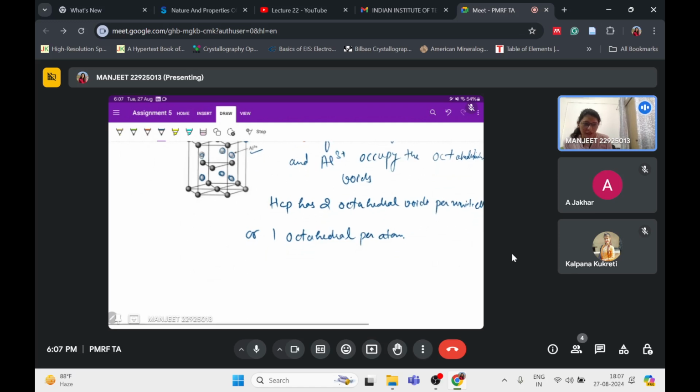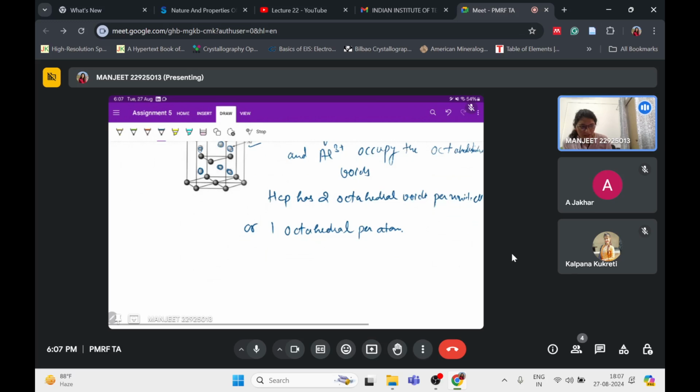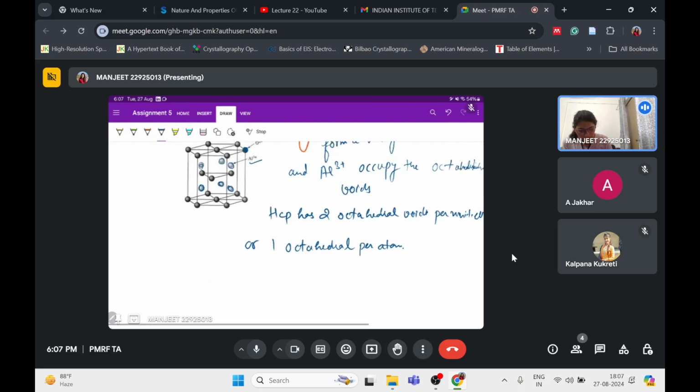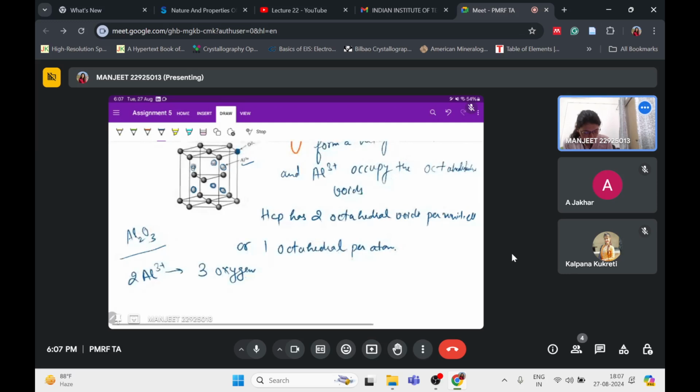So here the aluminum occupies the octahedral voids. Now in the stoichiometry of Al2O3 we can see that there are two aluminum ions, that is Al3+ ions, corresponding to three oxygen ions.